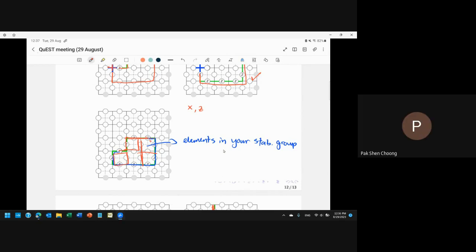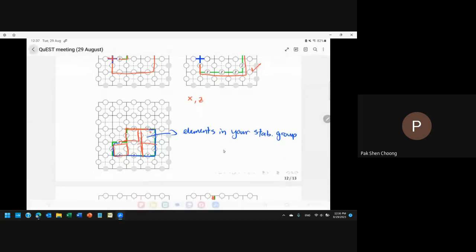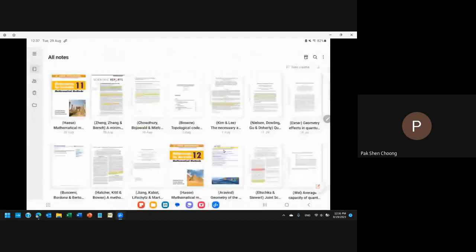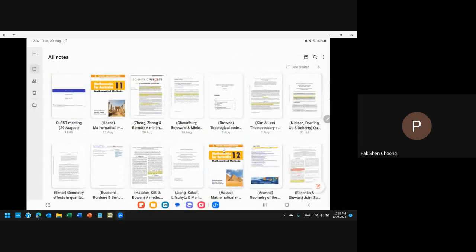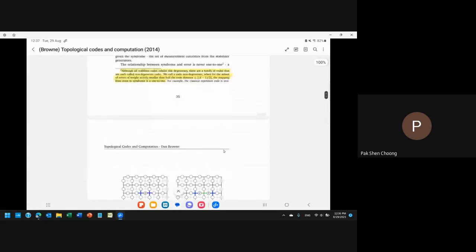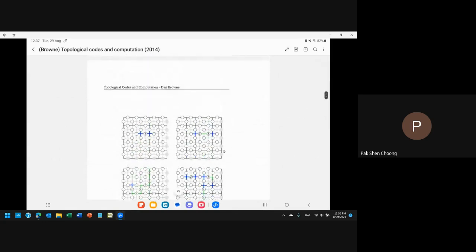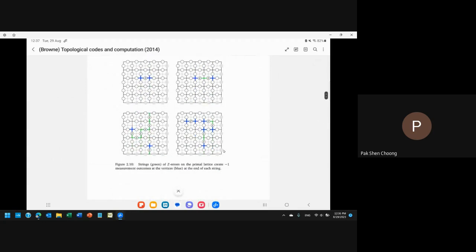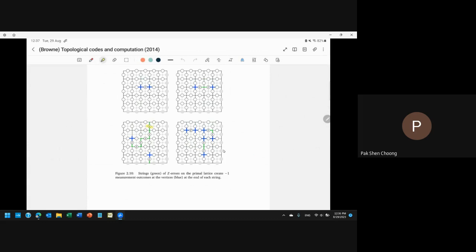I have the notes here somewhere. This one. So I just simplified a lot of things here. You can have errors that look like this, like a mess. You have this error here, and this error here, and this error here.